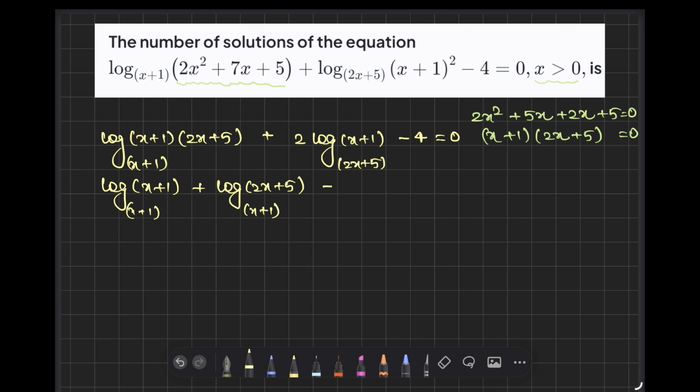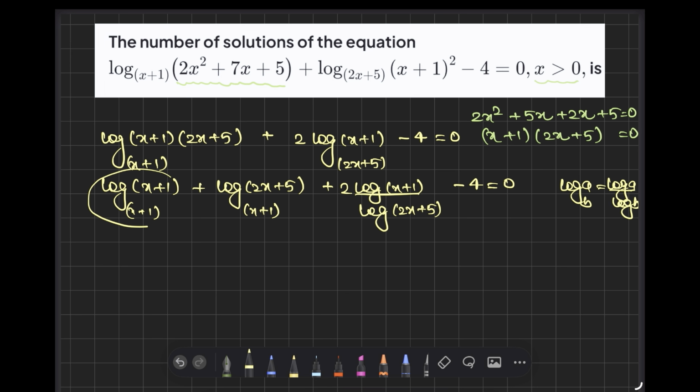And here what we will do, we will break down this thing as log x plus 1 upon log 2x plus 5. Okay, we know that we can write log a base b as log a by log b. Now this thing will become 1, so this will come over here, so it will become 3.